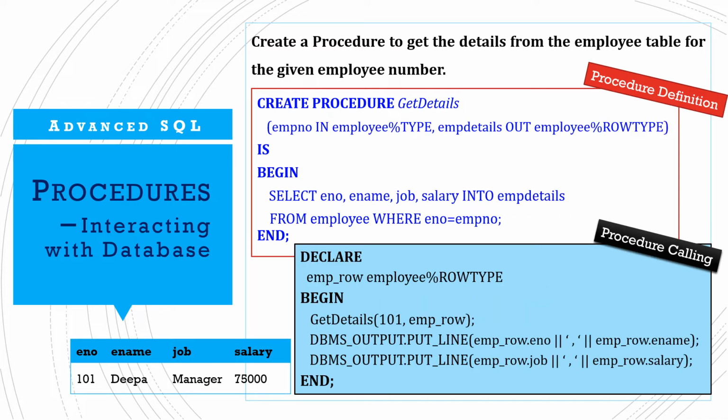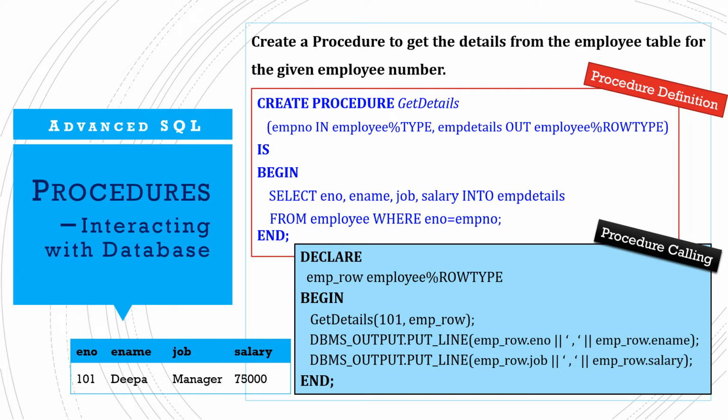another example, we are going to get the details from the employee table for the given employee number. So in this example, we are making use of the data types percentage type and percentage row type. This percentage type provides the data type of a variable or a database column to that variable.